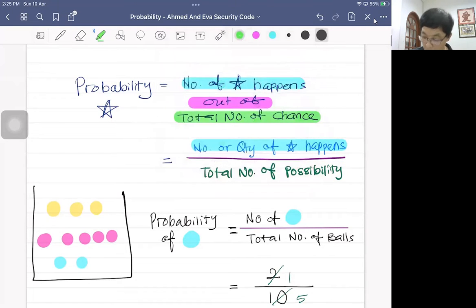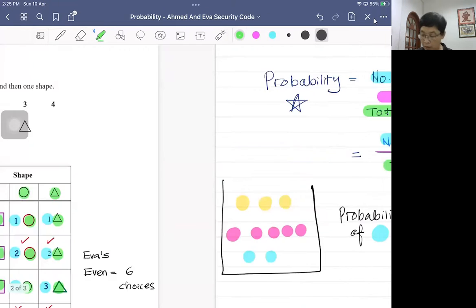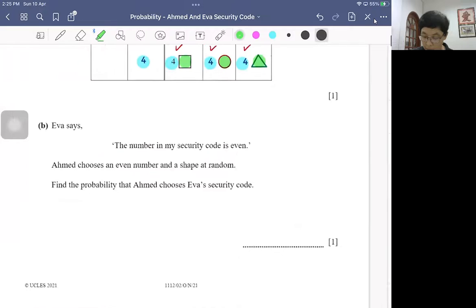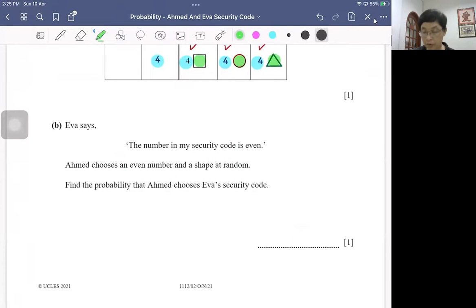So the total number of possibilities, green. Here in this sentence, Ahmed chooses Eva's security code. So it has been hidden, the implicit message that the total available for Ahmed to choose from is actually from Eva's choices, and that gives us how many of them? 6.